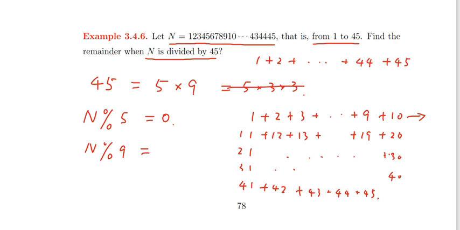We find this plus this, and this plus this are the same, like 1 plus 45 is 46, and another 46, right? So how many 46? Just half of them.